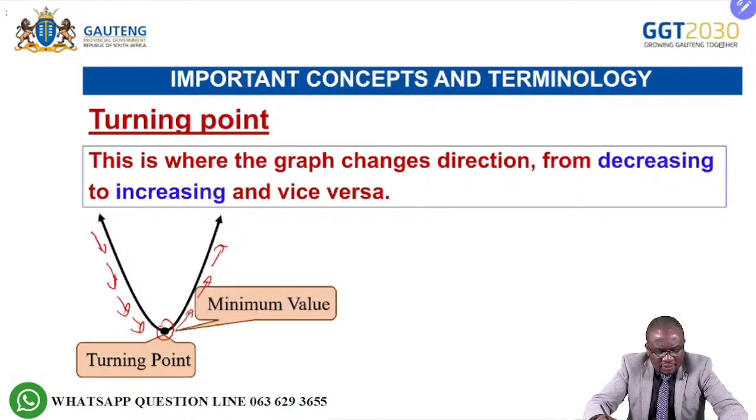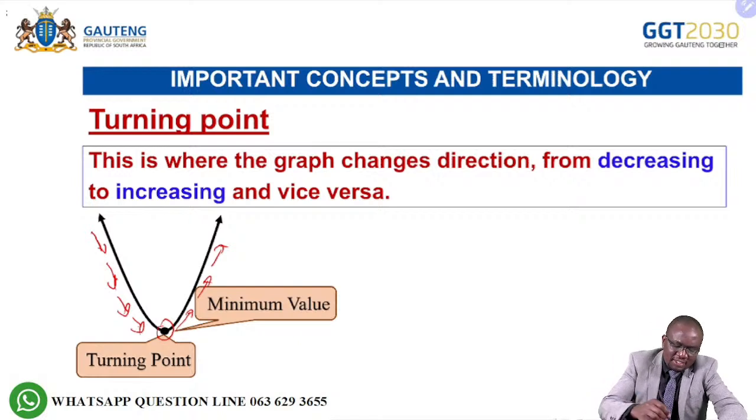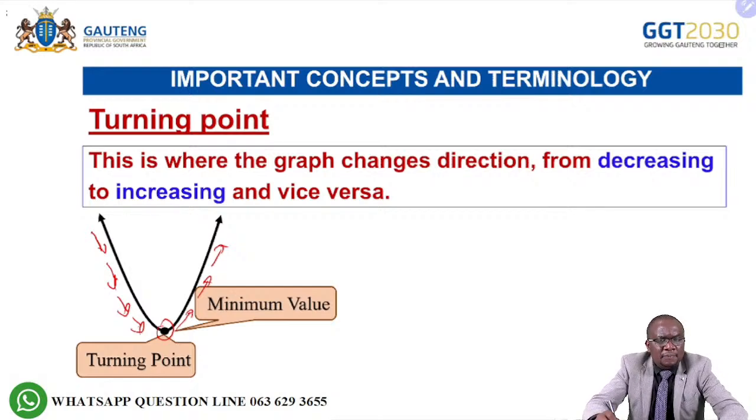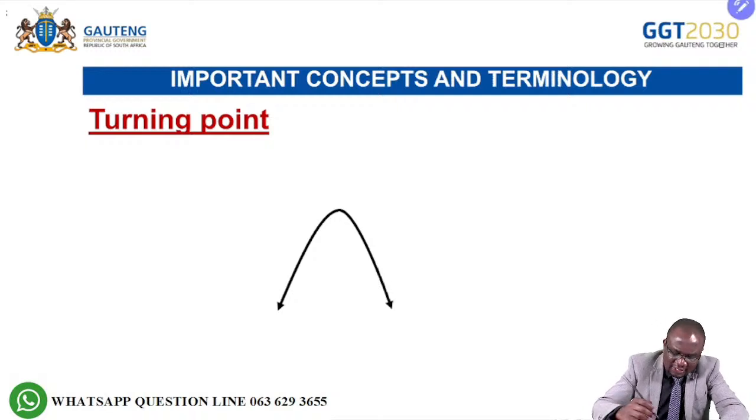For a concave up graph, that turning point is the minimum value, meaning that this graph can never have a value which is less than that point. That's the minimum value. And then you can have this one. The graph is going up, increasing, increasing.